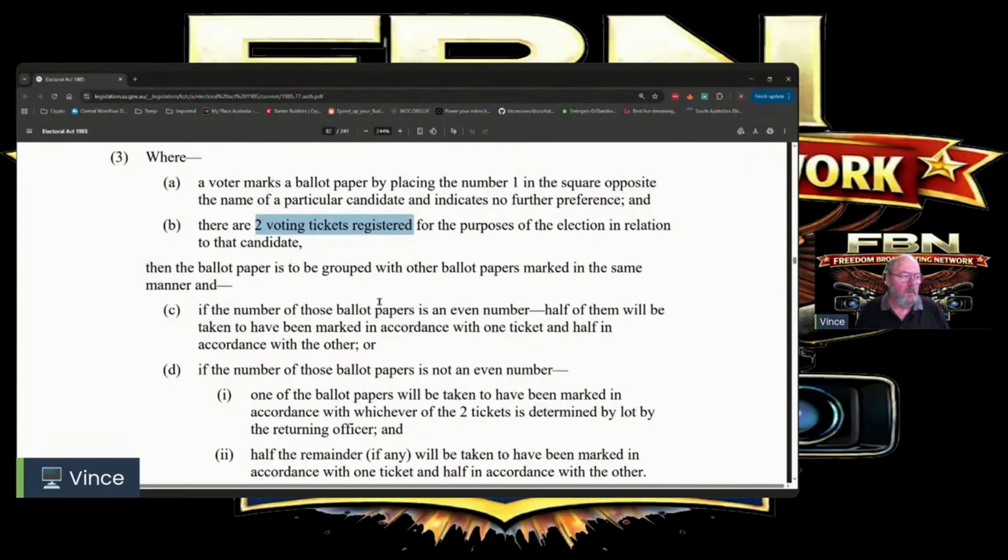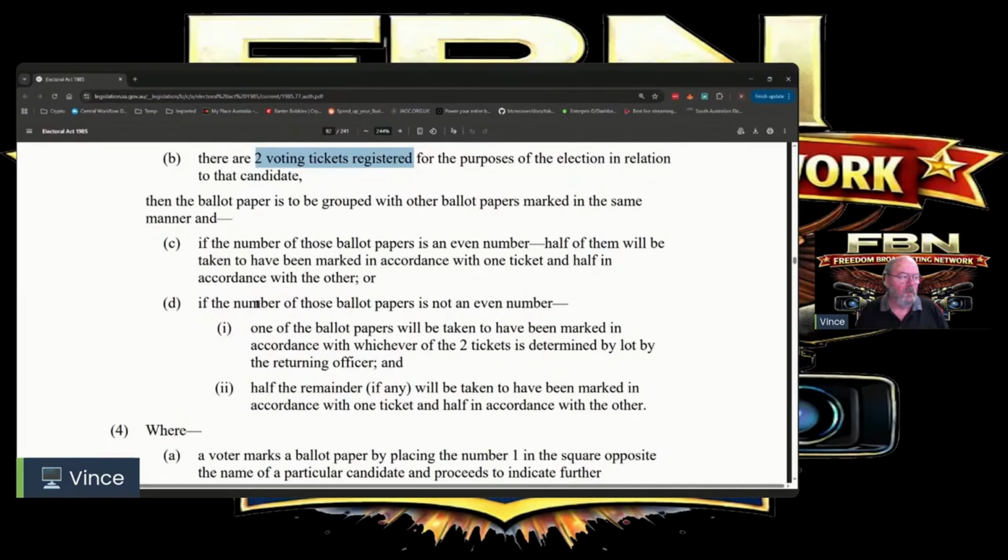If the number of those ballot papers is an even number, then half of them will be taken to be marked in accordance with 1 ticket and the other half in accordance with the other ticket. So that's how you get that 50-50 split.